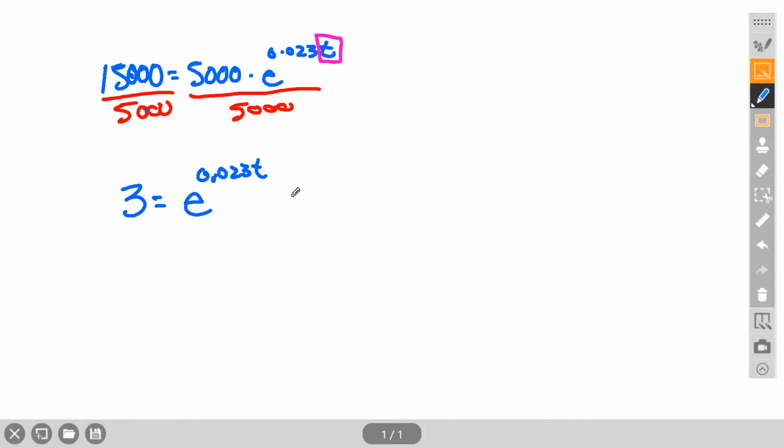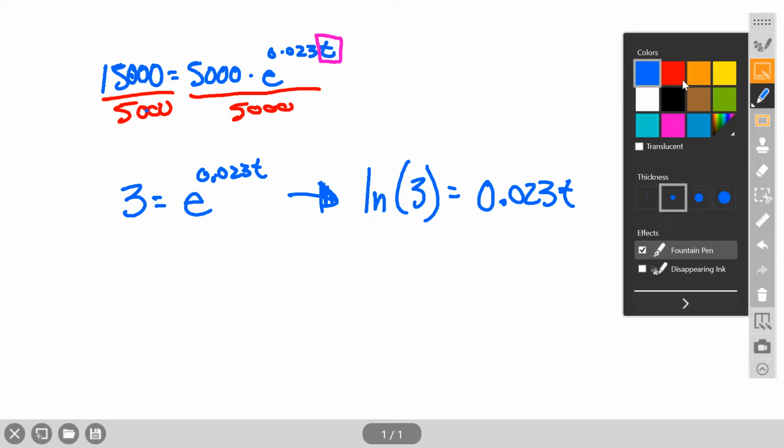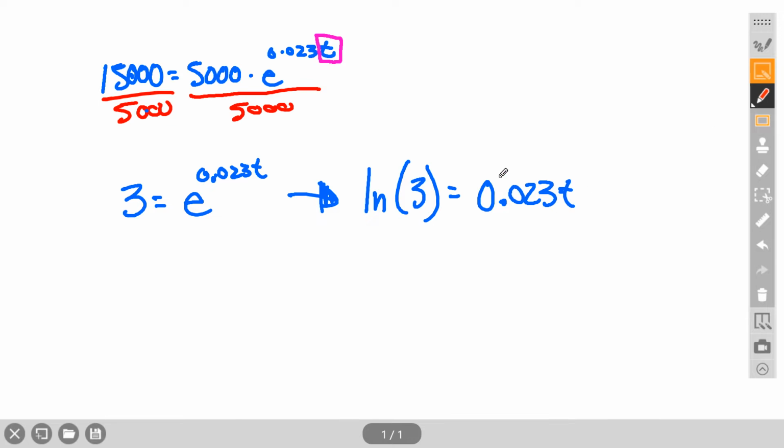The next step is going to be to change this into log form. What changing to log form allows us to do is actually access the variable in the exponent. So we have a log base e, which is the natural log. Natural log of 3 is equal to 0.023 t. At this point, we can now solve this for the t time period, which is being multiplied by this number, so we can divide by it, 0.023.